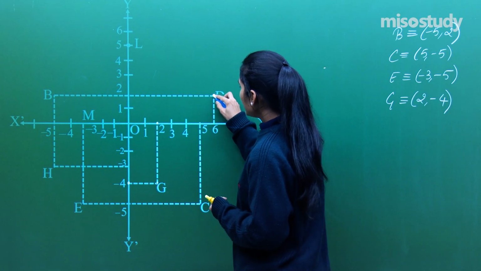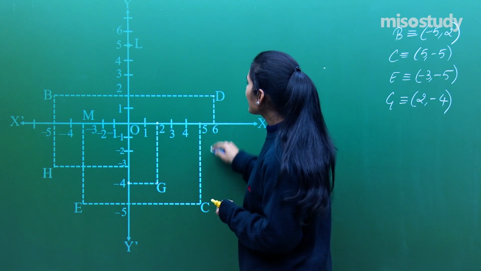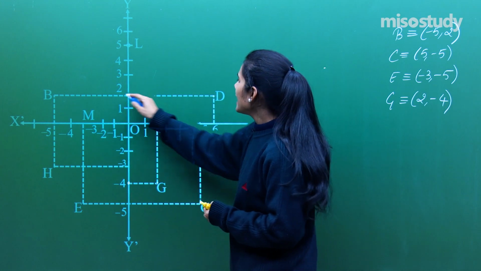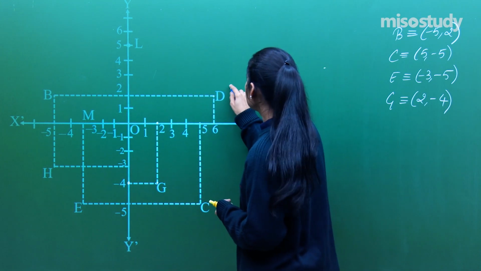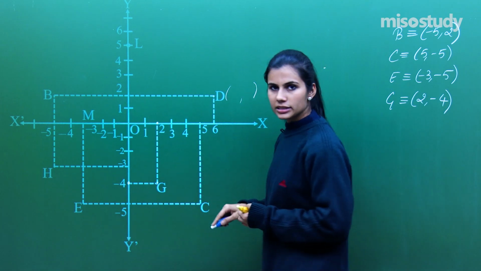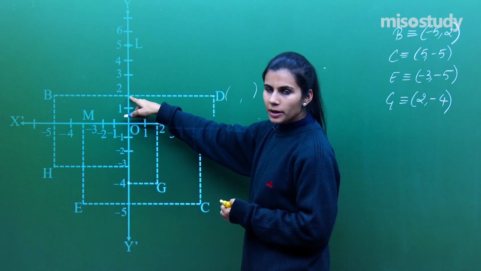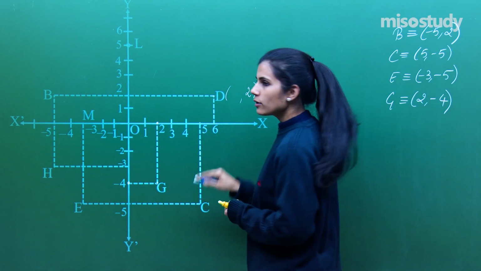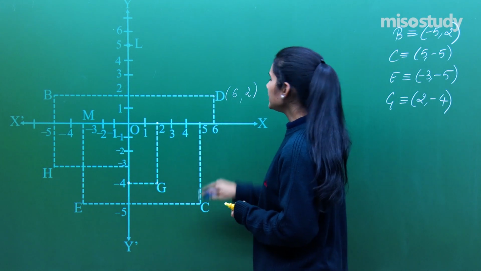The abscissa of point D. D is obtained when a line parallel to the y-axis passing through 6 and a line parallel to the x-axis passing through 2 are meeting. That means, what are the coordinates of this point? A line parallel to the x-axis passing through 2 means that 2 is my y coordinate, and a line parallel to the y-axis passing through 6 means 6 will be the x coordinate.